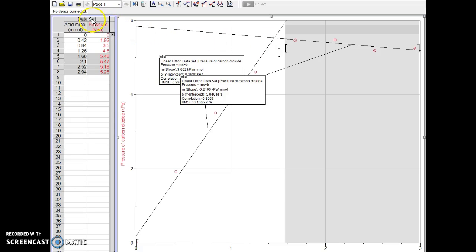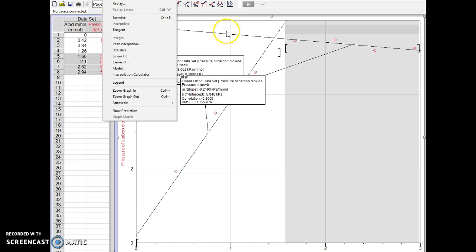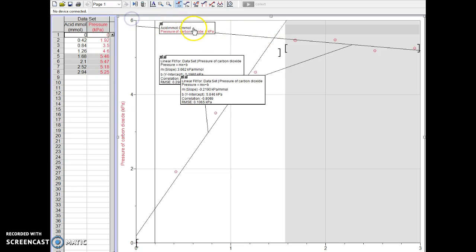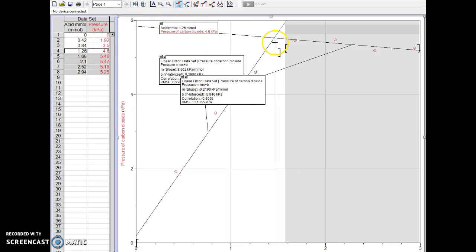And we can use the examine function here to find out what that is. And if you look down to the axis, you see it's very close to 1.5.